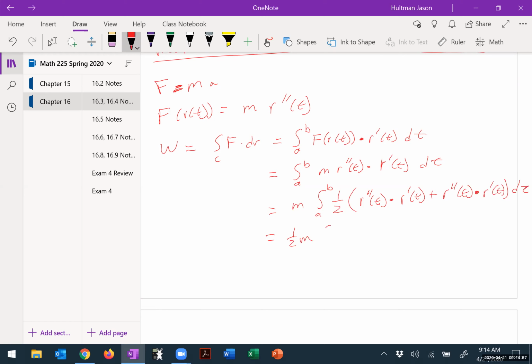Now, what is the rest of this stuff? Well, the rest of the stuff is just the product rule. This is the product rule for vectors, and we dot product these. This is the derivative of the first times the second plus the derivative of the second times the first. Well, what would create a double prime as a derivative?